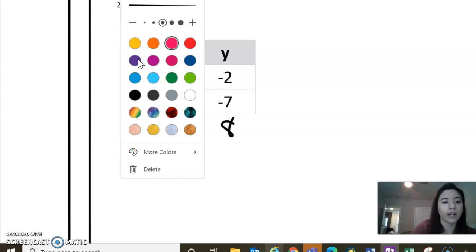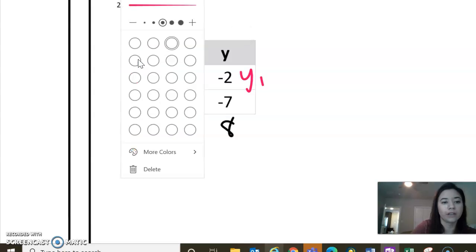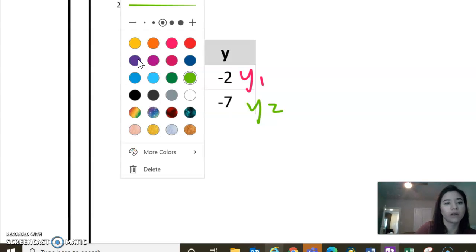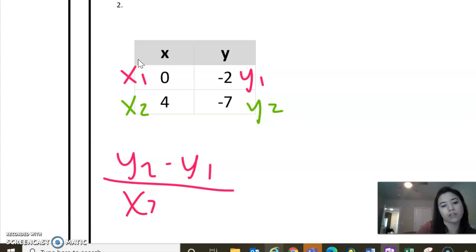So now from here I can say this is x1, y1, and then this one is x2, y2. And then now we can plug them into our equation. So again, it's y2 minus y1, x2 minus x1.